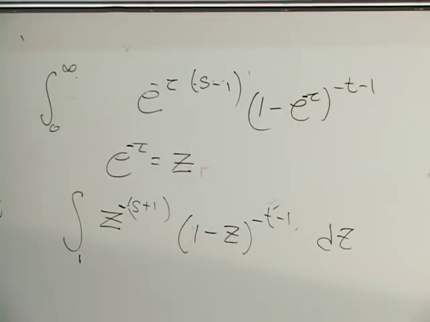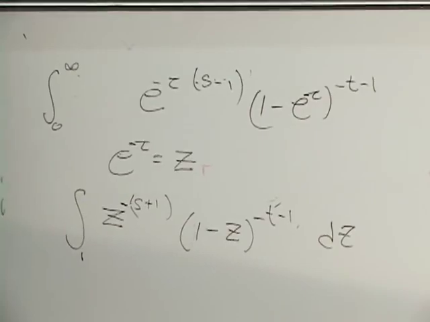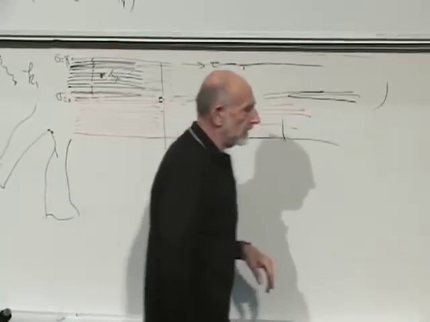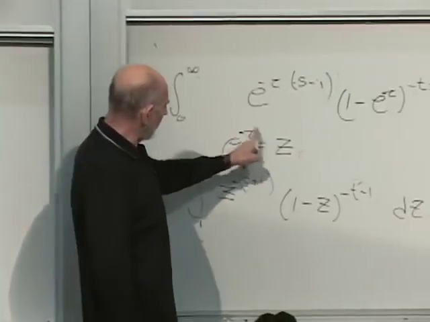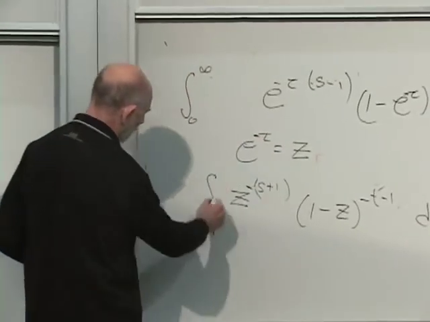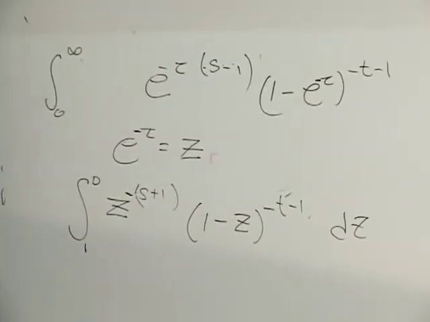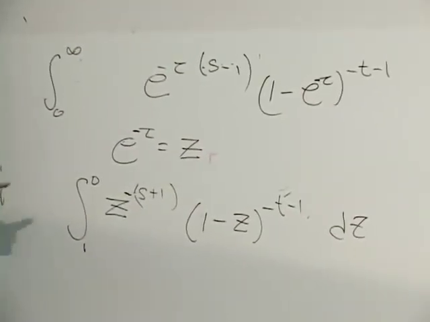In other words, tau equals 0 is when the particles very suddenly merge and then fall apart instantly. To tau equals infinity when the separation is infinite. And what happens when tau goes to infinity? Z goes to 0. So it's an integral from 1 to 0 or 0 to 1. There's probably some sign in here.